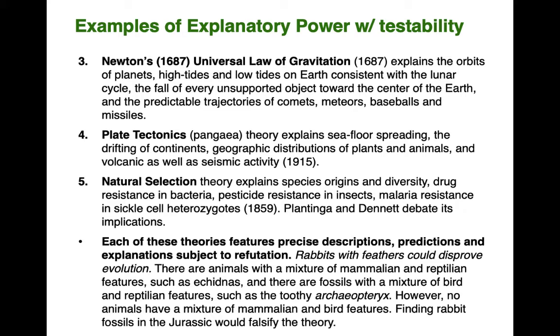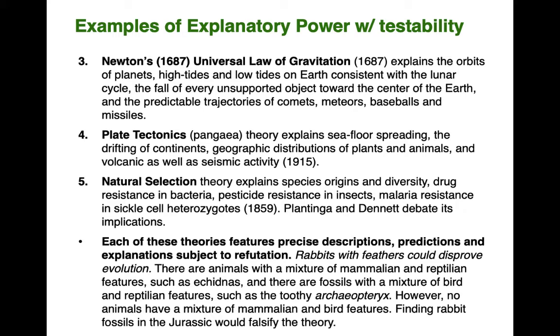Plate tectonics. Perhaps you've heard of this. It's called Pangea theory. This explains the spreading of the seafloor and the oceans, the drifting of continents, geographic distributions of plants and animals, and volcanic as well as seismic activity. This was framed first about 1915.